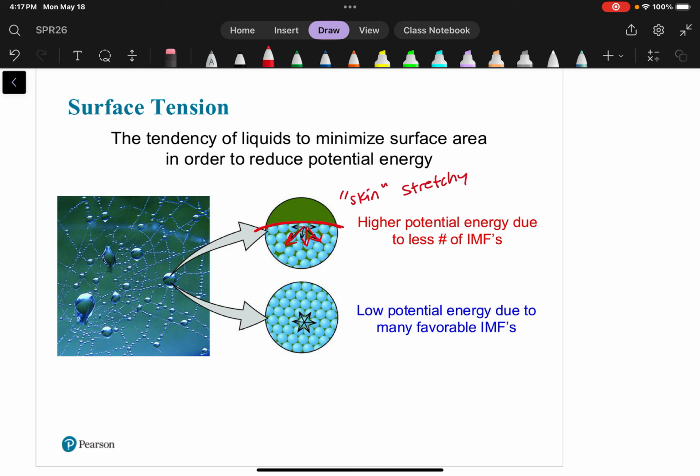So what's important about surface tension and intermolecular forces is that they are clearly related. Surface tension is going to increase as intermolecular forces increase. Okay, so they are directly related.